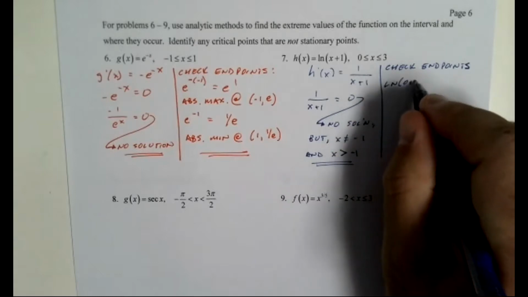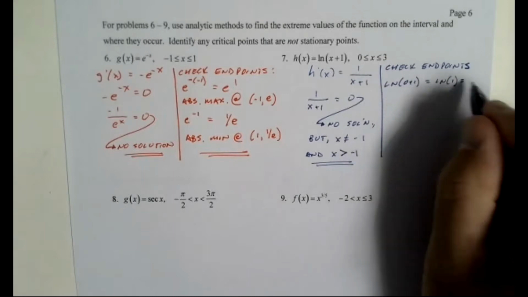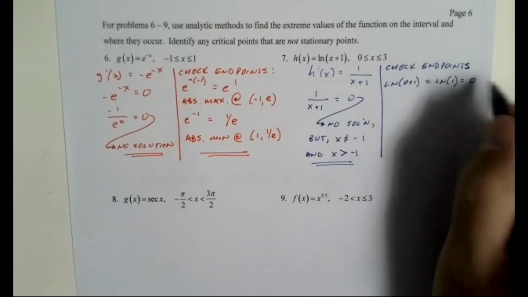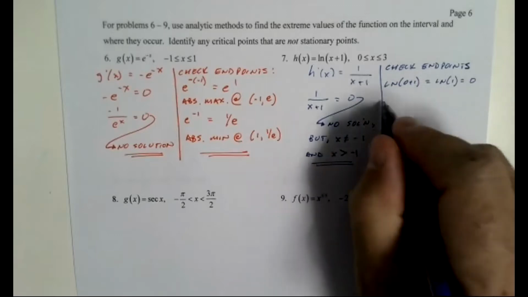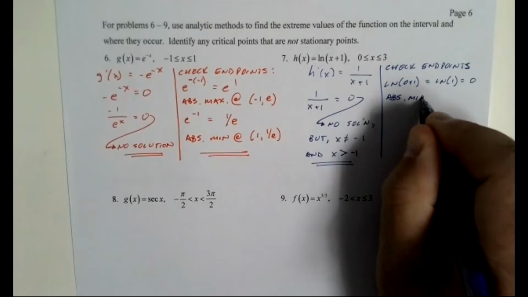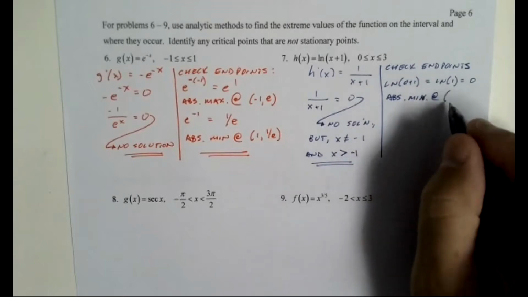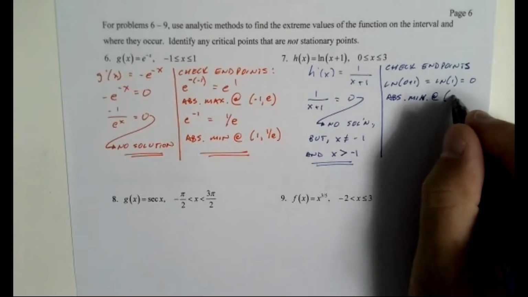ln of 0 plus 1 equals ln of 1 equals 0. Turns out that's an absolute min at 0, 0.